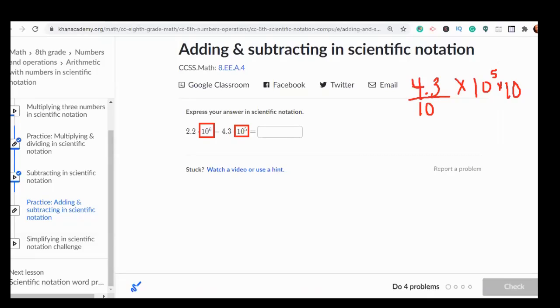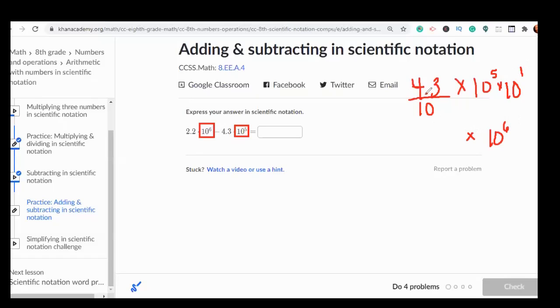Okay, so we will multiply the 10 to the 5th by 10, but we will divide the 4.3 by 10. What does that give us? That gives us 10 to the 6th, because we know from our exponent rules, 5 plus an invisible 1 gives us 6.